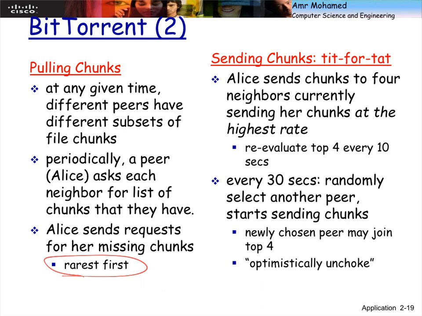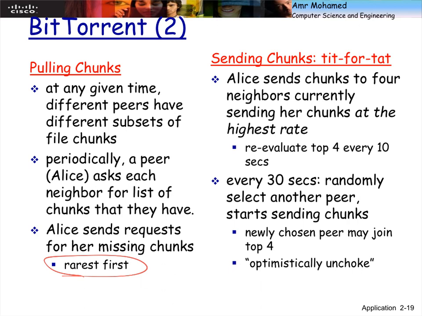Means whoever has the highest transmission rate or upload rate should be given this chunk. Whoever is giving you the highest rate. Upload rate from their side. From their side, it's the upload rate. Correct. For me, it's the download rate. So whoever is giving you the fastest rate, you order all the peers by rate and select the highest 4.